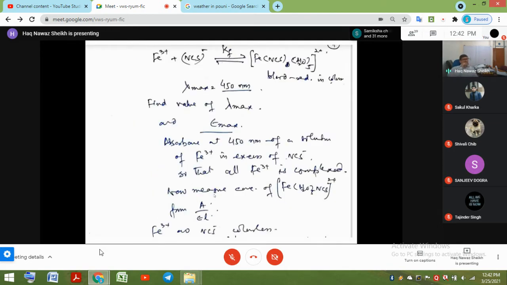Now, let's take an example of iron 3. Say you are using ferric sulfate or ferric chloride solution, add sodium thiocyanate solution to it, and you have a complex formation like this, blood red color. This test you must have done in your graduation classes, the confirmation test for iron 3.